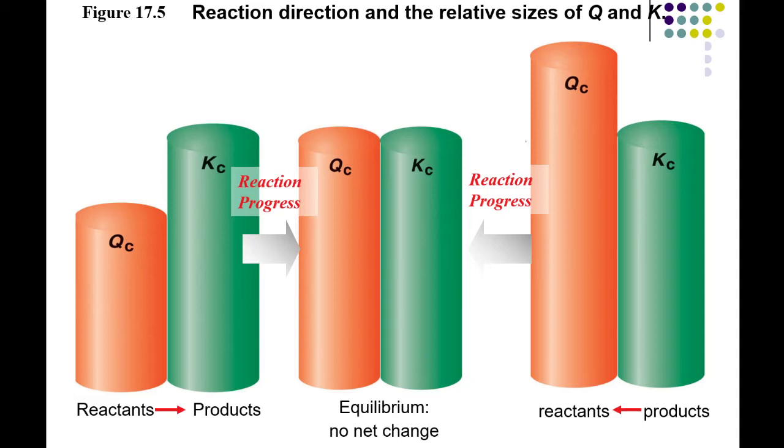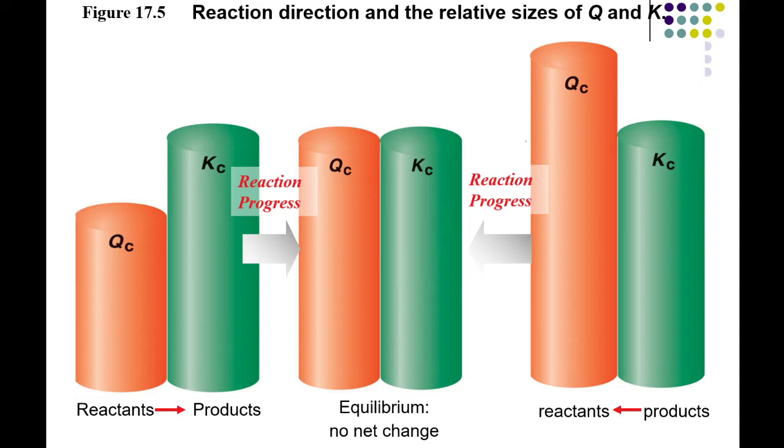So if we have two values and we're trying to figure out, okay, what direction are we going or what's going on, and we know the Kc value and we're given known concentrations, we can compare and know which direction the reaction is going by calculating the Qc value.